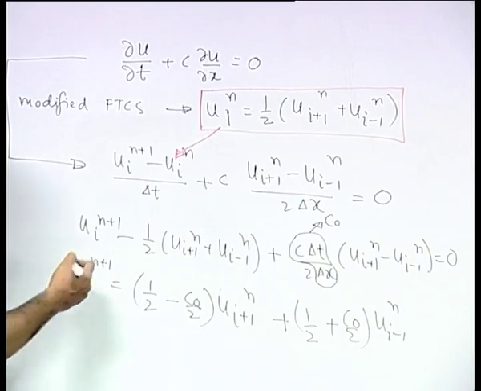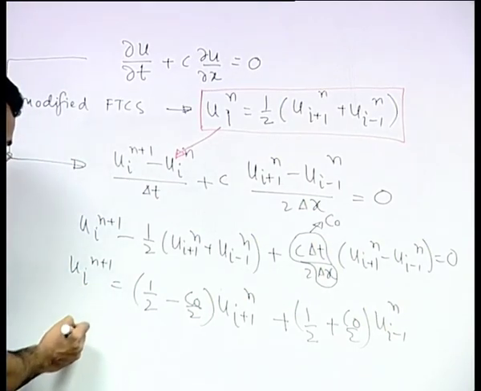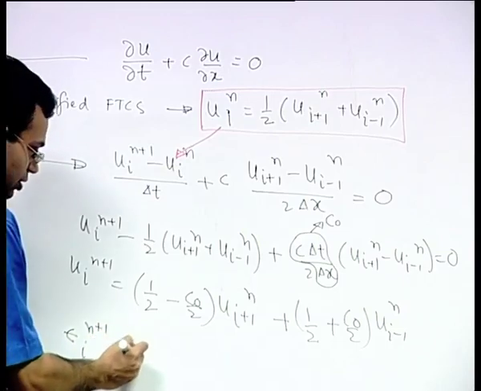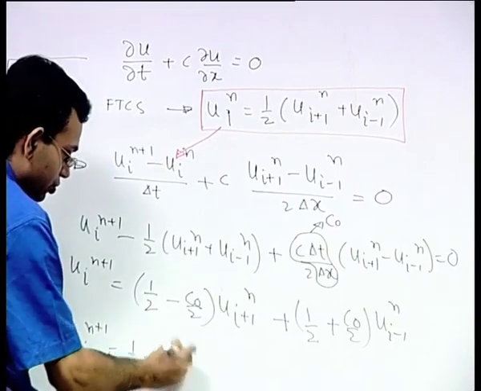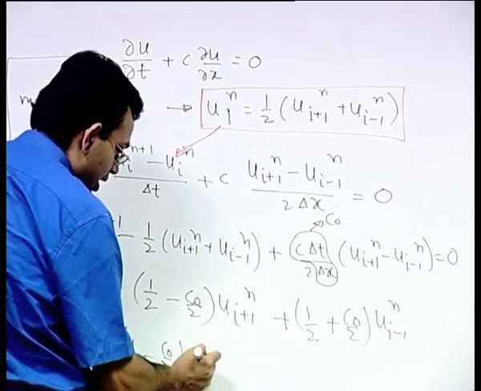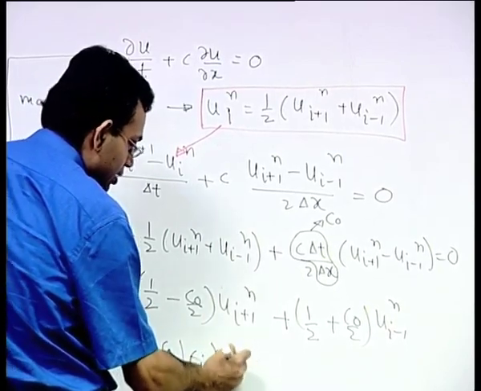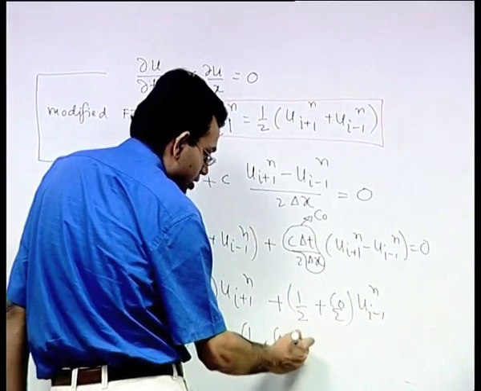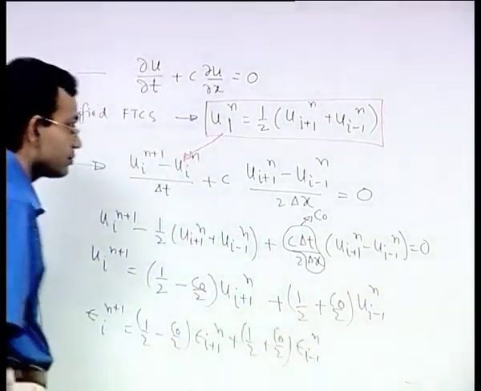So, you can write the corresponding perturbations: epsilon_i^{n+1} is equal to (half minus Courant number by 2) into epsilon_{i+1}^n plus (half plus Courant number by 2) epsilon_{i-1}^n.